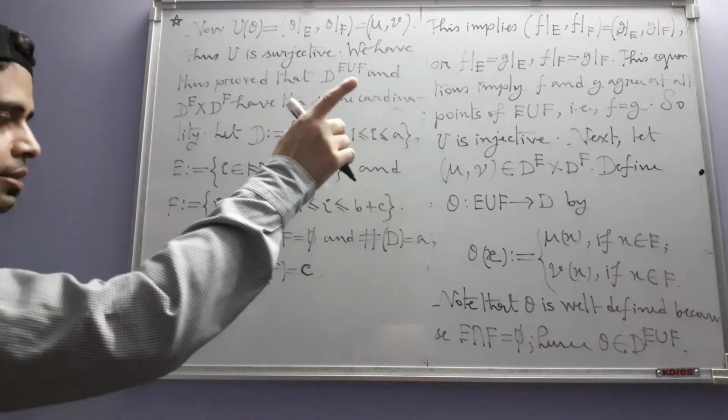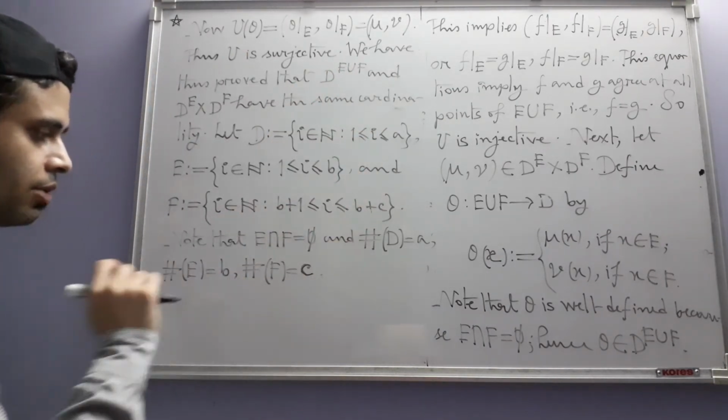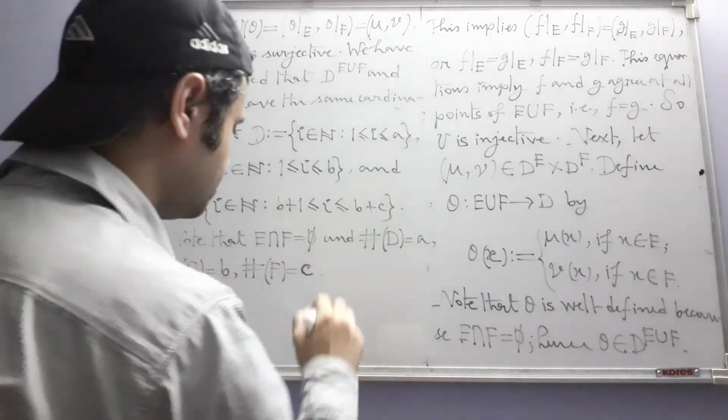That other set has cardinality C, so this one also has cardinality C.